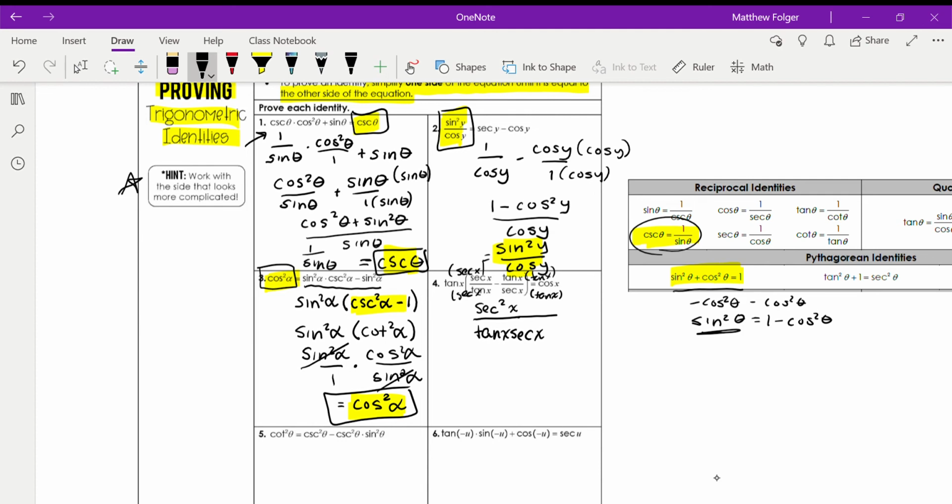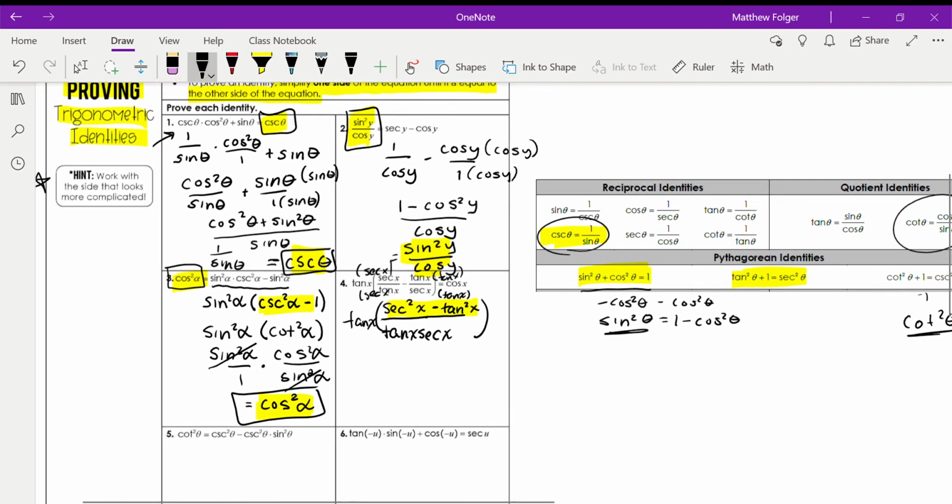And that becomes minus tan squared x. And that's all getting multiplied by this tan x that was on the outside. Now, let's look at what we have here. Secant squared x minus tan squared x. That's an identity.